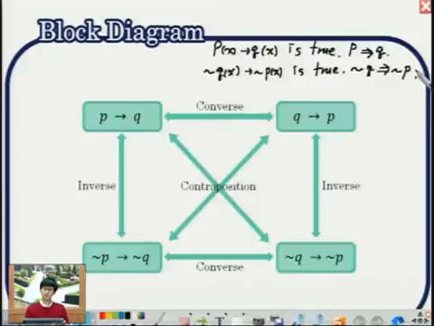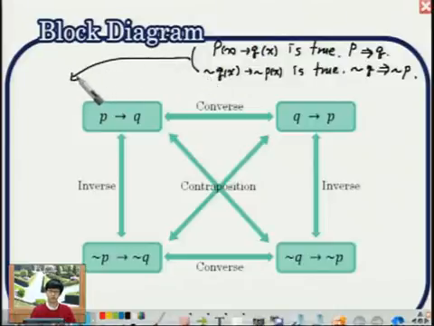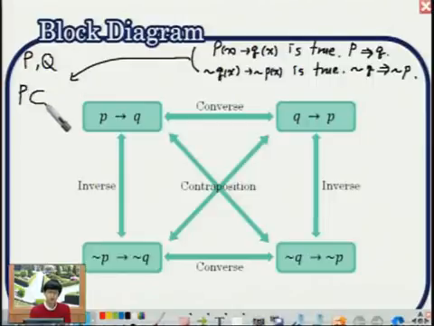Okay, I'll show you this. I actually proved this one for you. If Px to Qx is true, then let's say the true sets are P and Q respectively, then P is included in Q. Is this right?